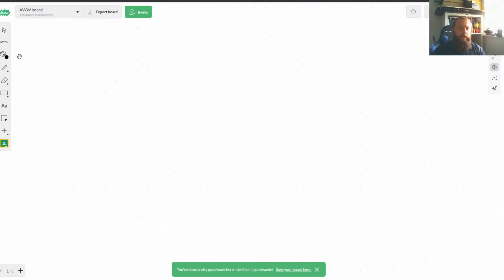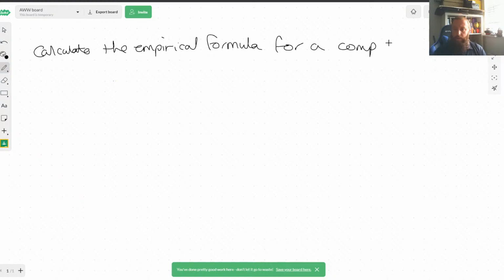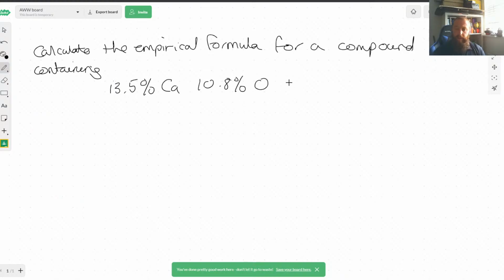So, calculate the empirical formula for a compound containing, so let's have a look, 13.5% calcium, 10.8% oxygen, and 0.675%.